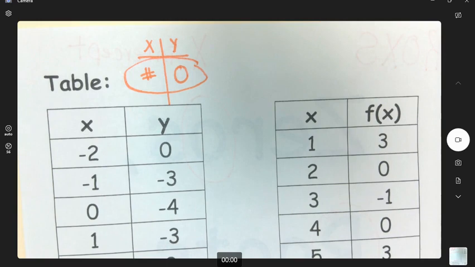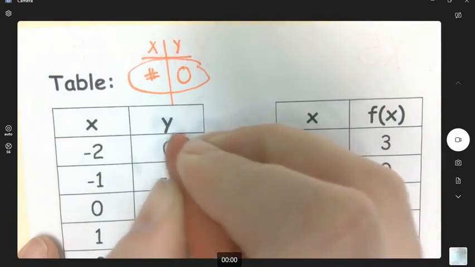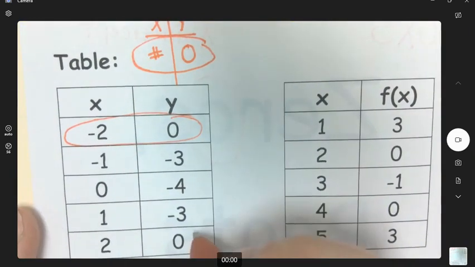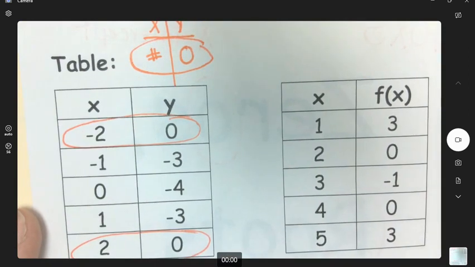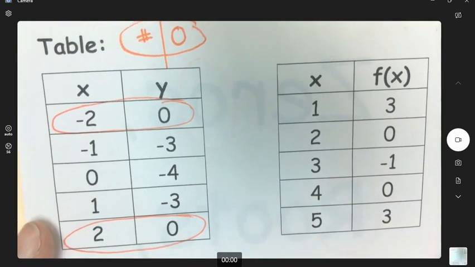All right, so look at the first one. Go ahead and circle where y is 0. And we have 2 of those. So I'm going to have you write x equals instead of the squiggly braces.